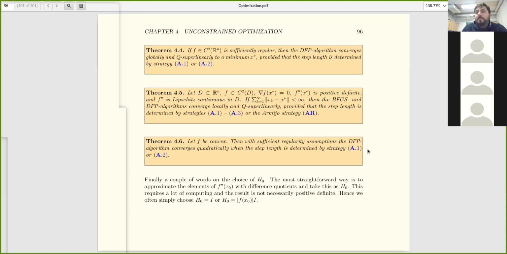You start with the identity matrix. So the first step of the algorithm will be simply gradient descent. And then the successive steps will take into account the previous gradient changes. So that's perfectly fine as well.